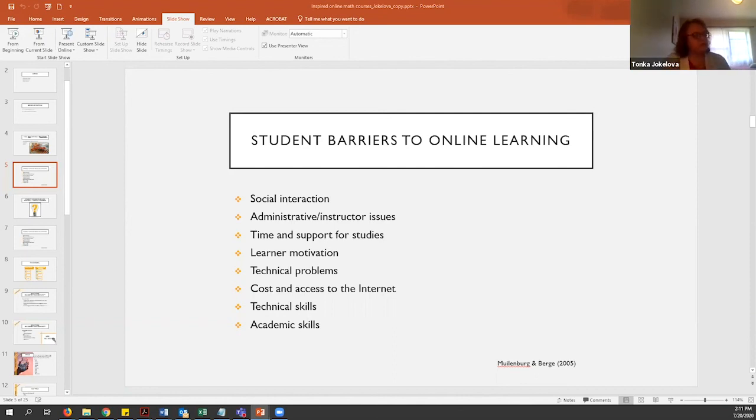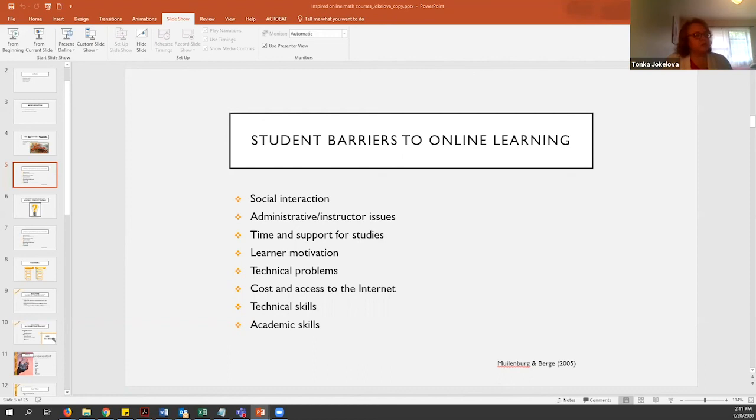Some other barriers were instructor issues, meaning the instructor might not be present, and administrative issues, like I could not get into the course, and all the technical stuff. Time and support for studies: do I have time? If this is a non-traditional student, I probably have several other priorities that are competing for my time. Learning motivation, number 4, was really interesting as well. I was really surprised with number 1 and really surprised with number 4 when I found that out.